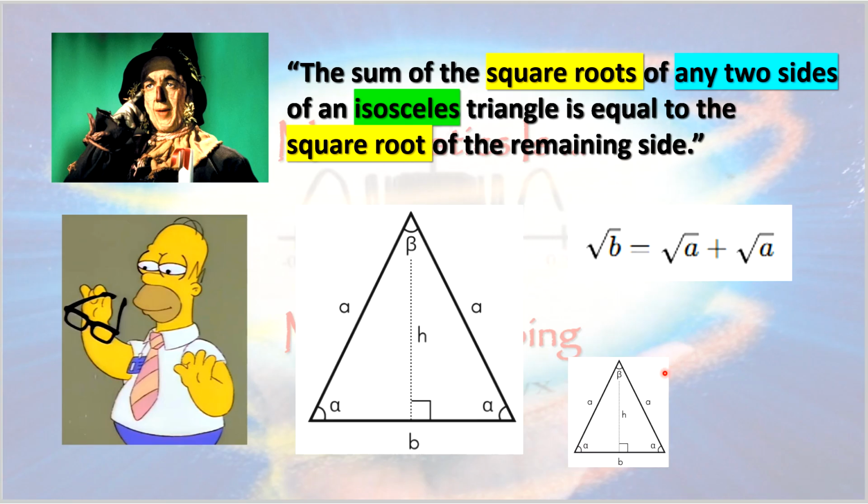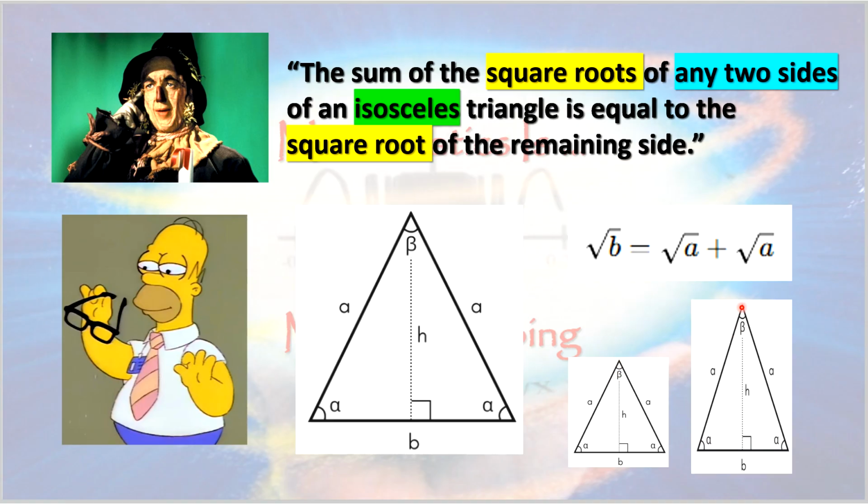Suppose it were true for the lengths a and b shown in the picture. We'll make a new triangle with the same base b, but very large h extended up, and that will enlarge the value for a. With a different a, you get a different square root of a plus square root of a. That can't equal the same square root of b again. So the scarecrow result is not true.